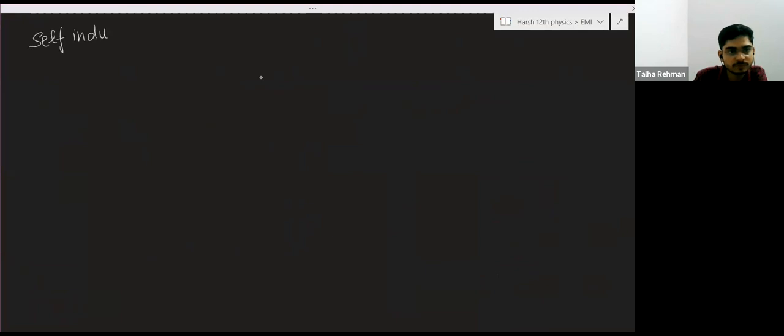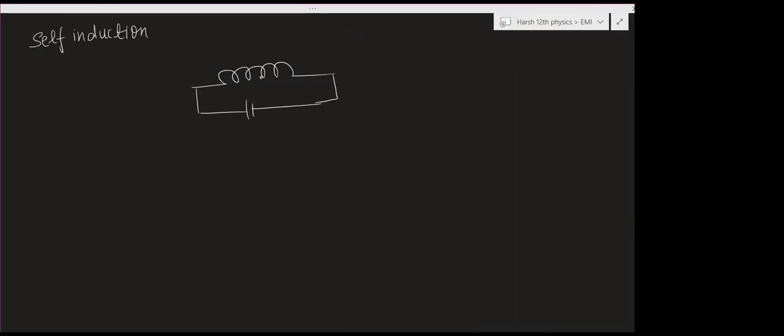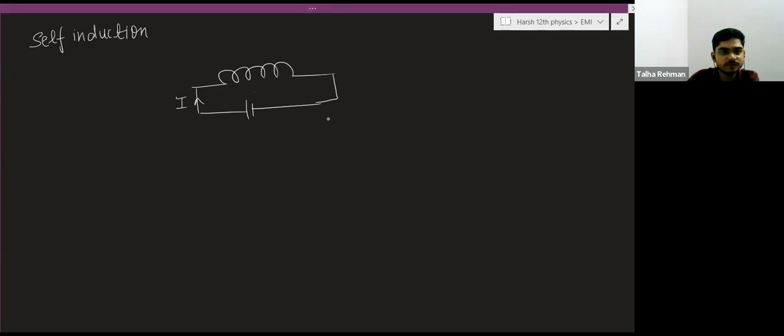Basically, we have one coil and this coil will be connected with some battery. When you connect this coil with the battery, the current will start flowing in this coil. Here is one key, and initially here is one key.